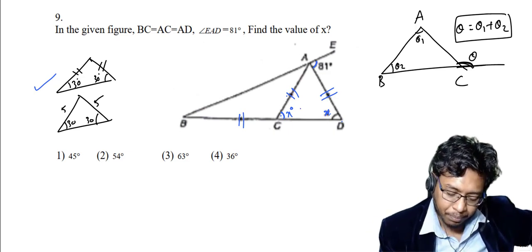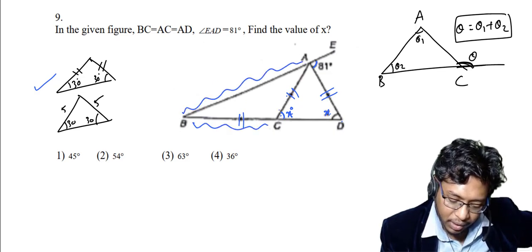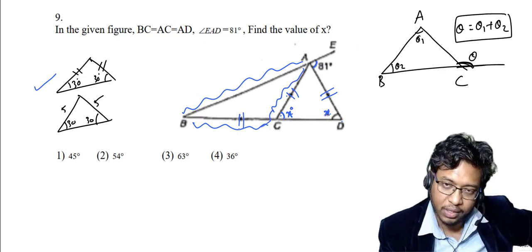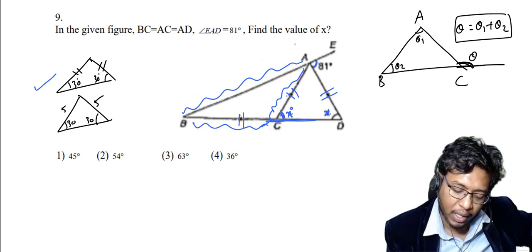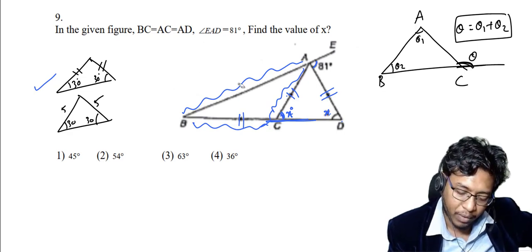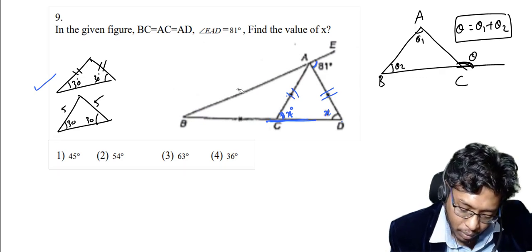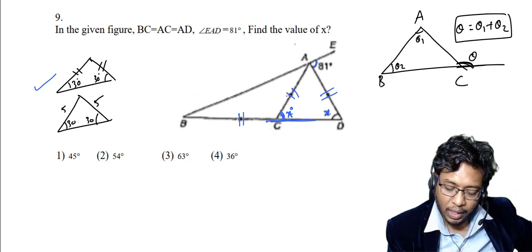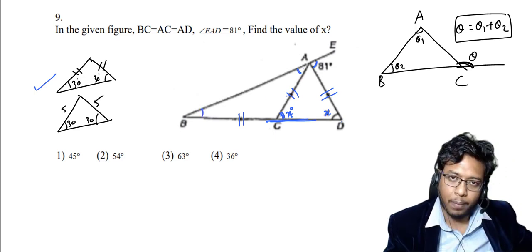See here, now x is there, and if you take this triangle BAC, this angle x will be an exterior angle to this triangle, right? Exterior angle. This angle x will be equal to angle B plus angle A, right?